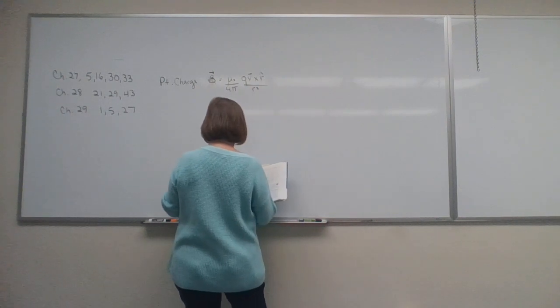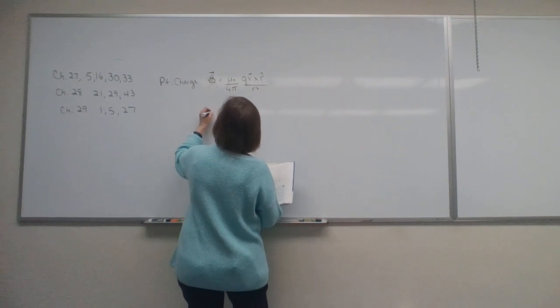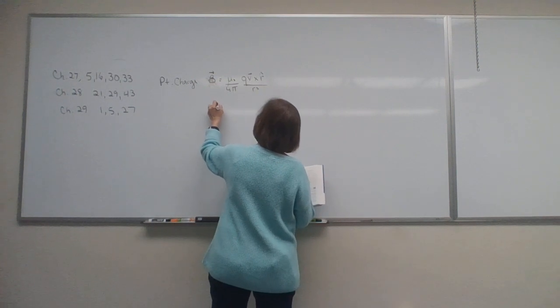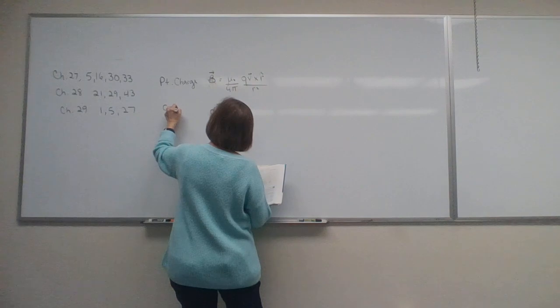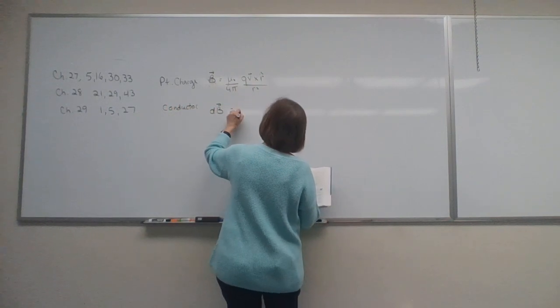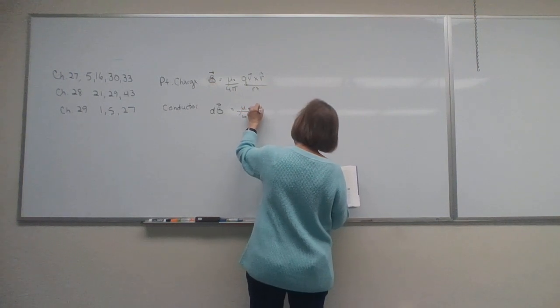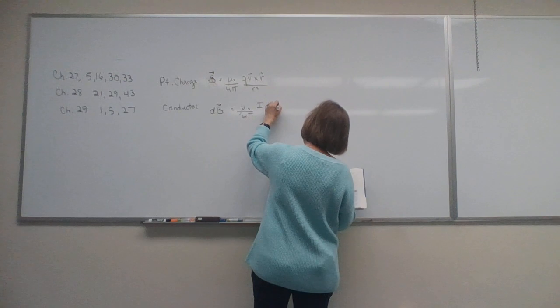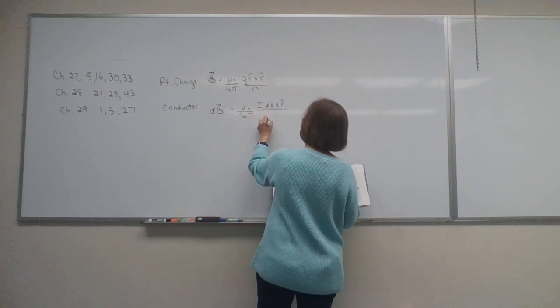If instead of a point charge we go to a line, like a wire, if we look at an infinitesimal part of a conductor, it's mu naught over 4 pi, I dl cross r hat, again that's the unit vector, over r squared.